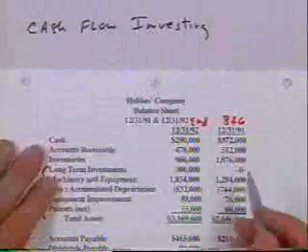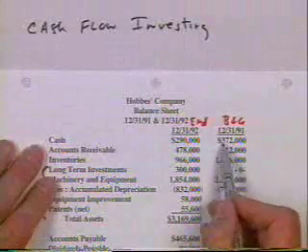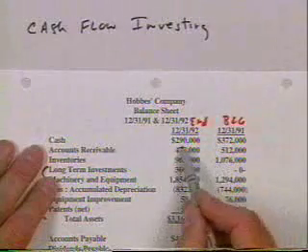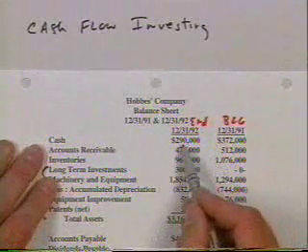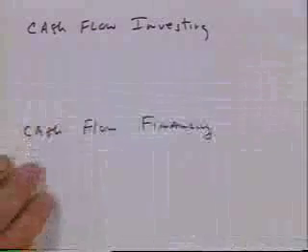So the net change in cash comes off the income statement, and the net change in cash went from 372 down to 290. So there's a net decrease in cash of $82,000.